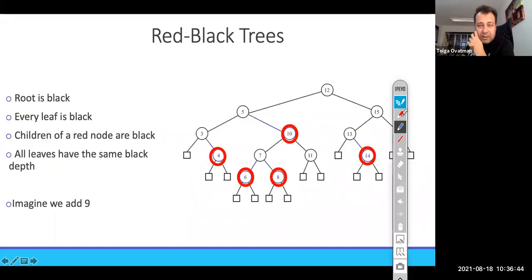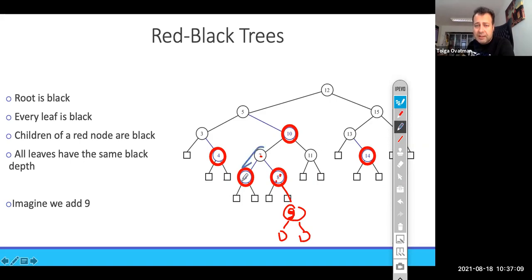So the case was if I add the 9 as a red node, then that would be a problem because of the 2 red nodes. Then what was the remedy? The remedy was to make the 8 a black parent and make the 7 the child of the 8. So let me rewrite this part.